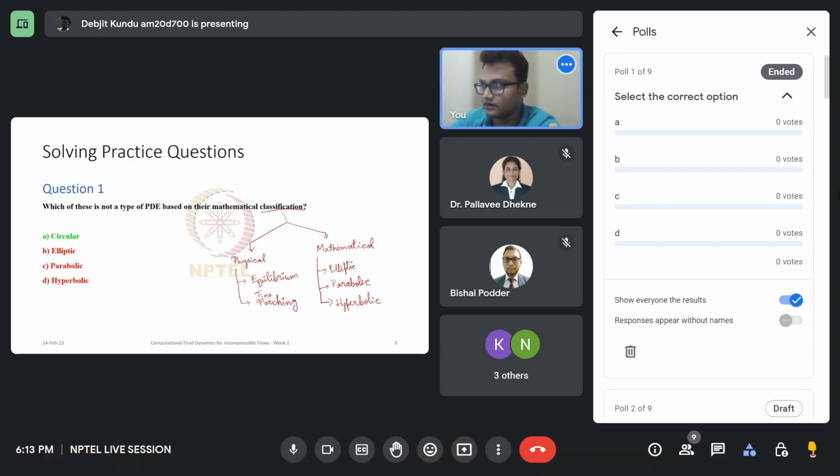If we know the type of partial differential equations involved in our problem, then we can choose appropriate schemes to attack them and finally get an appropriate solution out of them, right? So that's why classification is important. If there are any questions you can ask, otherwise we will move on to the next question.